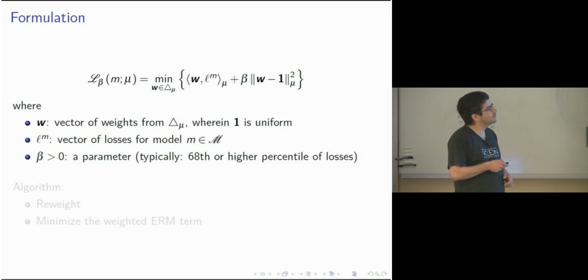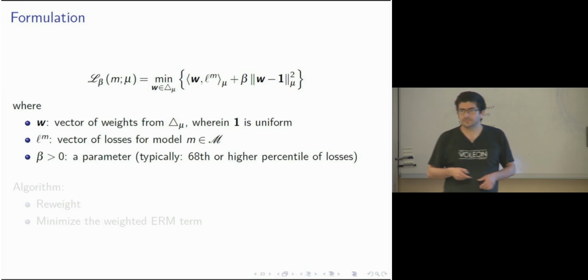And then the other thing we do is we regularize the weights that we use so that they're not too far from uniform. Okay? So the definition of our loss is gained by minimizing this W over all of this.